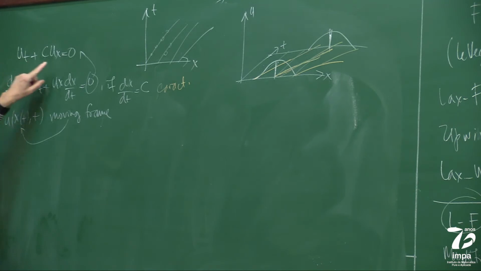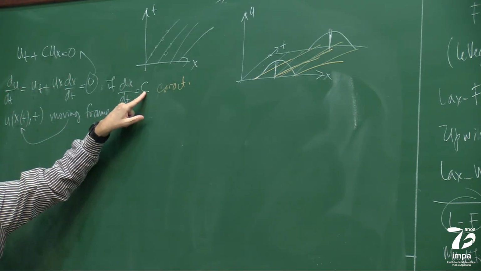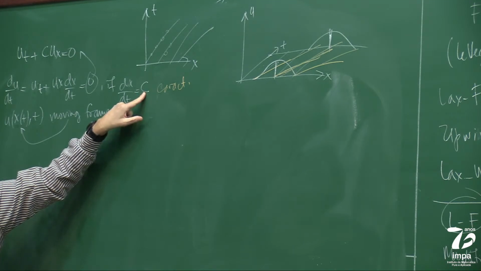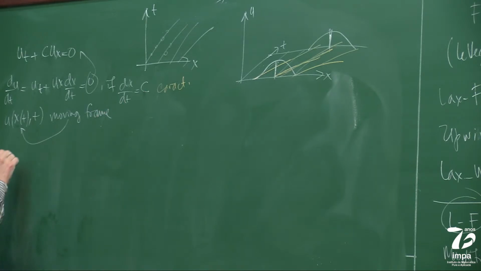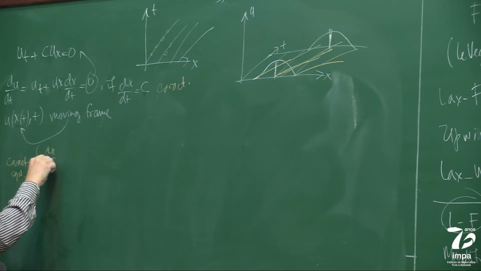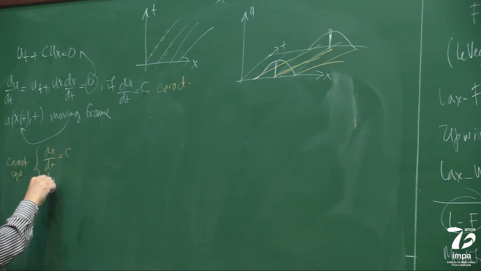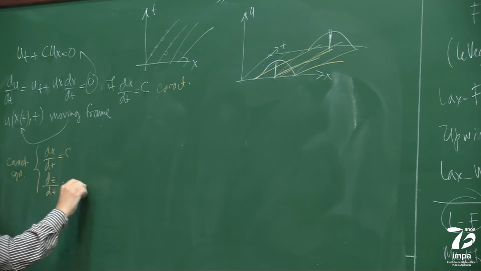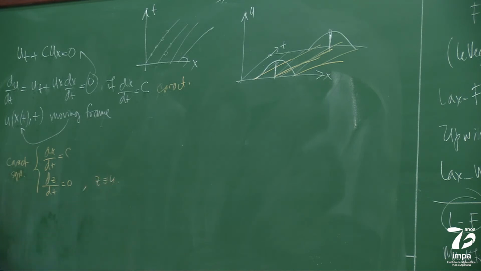Yes? That's the method of characteristics, right? And usually the characteristic system of ODEs for this case is basically dx/dt equals c and dz/dt equals 0, where z is the same thing as u.